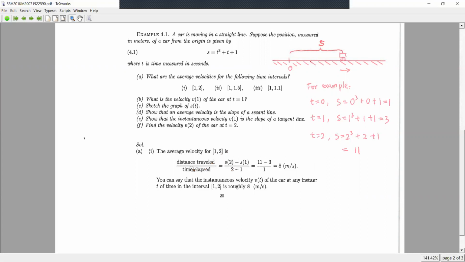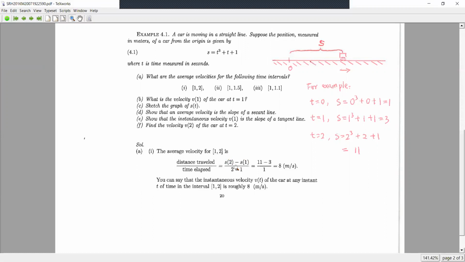How to determine the distance traveled in this time interval? It is the position of the car at 2, s of 2, minus the position of the car at 1, s of 1. This difference is the distance traveled by the car in this time interval.